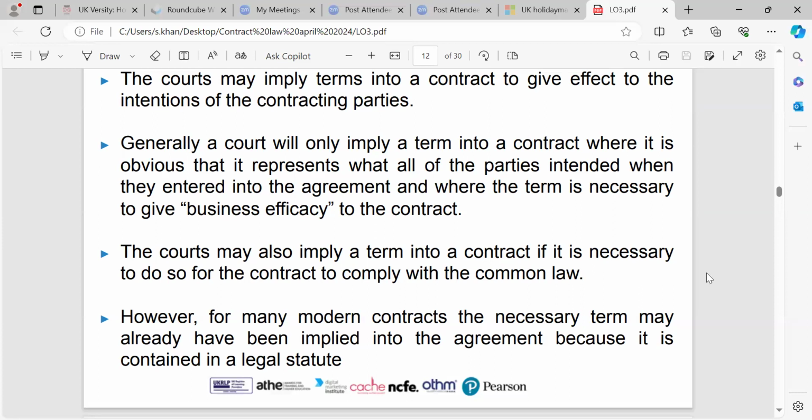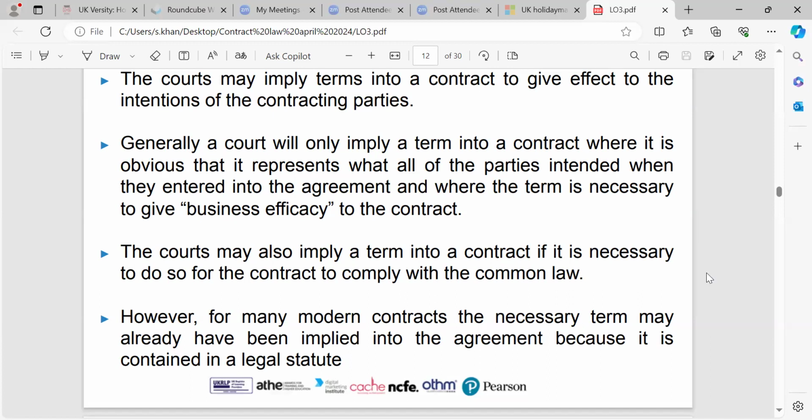It's really important to understand whether a term is express or implied. However, the distinction isn't always straightforward, as an implied term can vary depending on factors such as industry customs, as we mentioned, the nature of the relationship and the specific circumstances of the deal.